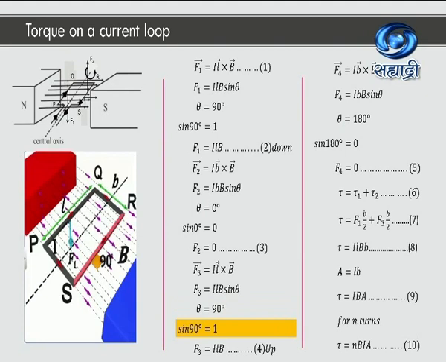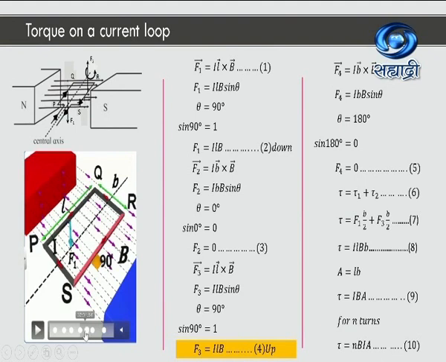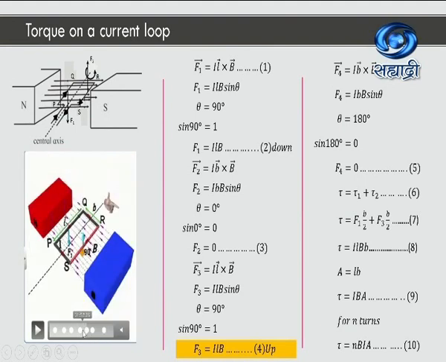Theta is 90, sine 90 is 1, so F3 is equal to ILB. Now what should be the direction of this force? You can use Fleming's left hand rule. Let us come down to the diagram again. See here, if you use Fleming's left hand rule, then direction of F3 is upward, which is clearly mentioned by the blue arrow on RS side.